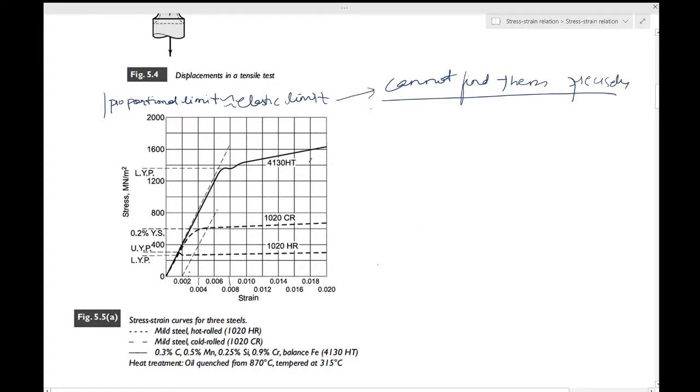So rather than reporting the elastic limit or the proportional limit, we report something called yield strength.